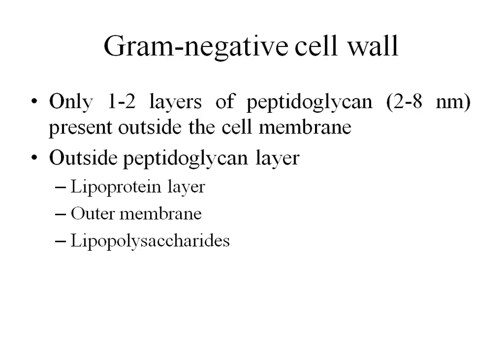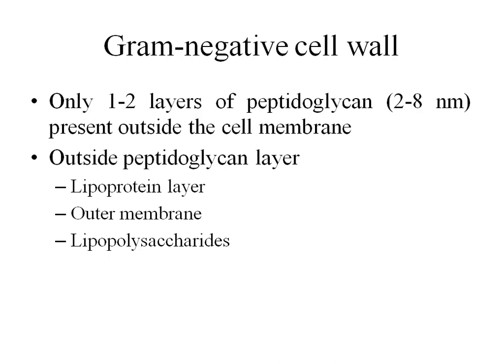In the gram-negative cell wall, the amount of peptidoglycan layer is very small, say around 2 to 8 nanometers, compared to up to 80 nanometers in the case of the gram-positive cell wall. So what I mean to say is the thickness of the peptidoglycan is very small.